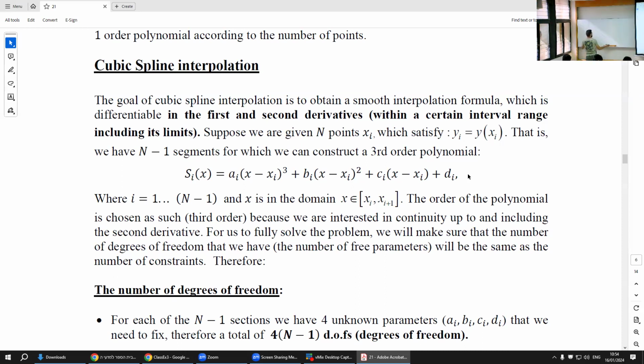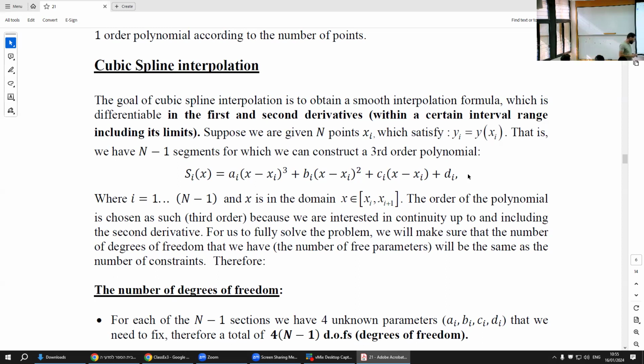So here, in the cubic spline interpolation, when we have data of n points, we match for each segment a low order degree polynomial.